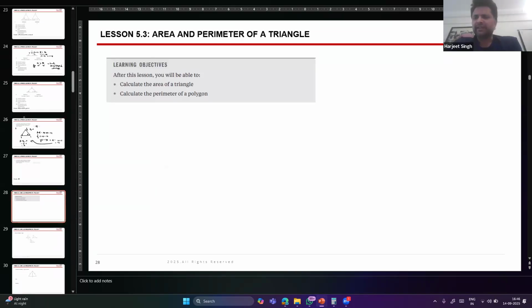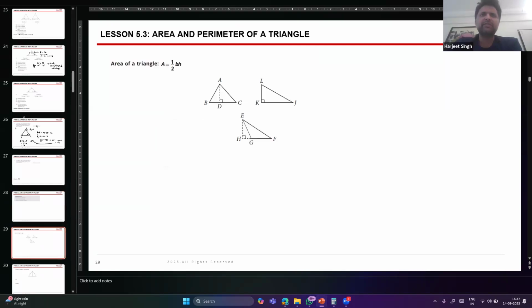All right. The next section is on area and perimeter. So area of a triangle in GRE will be tested mostly on A equal to half B into H, base into height.